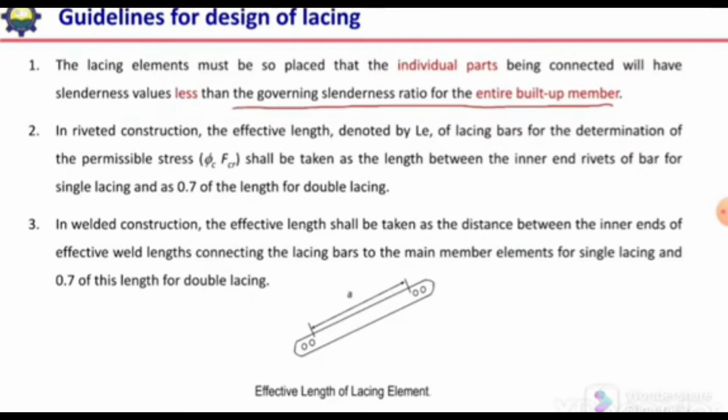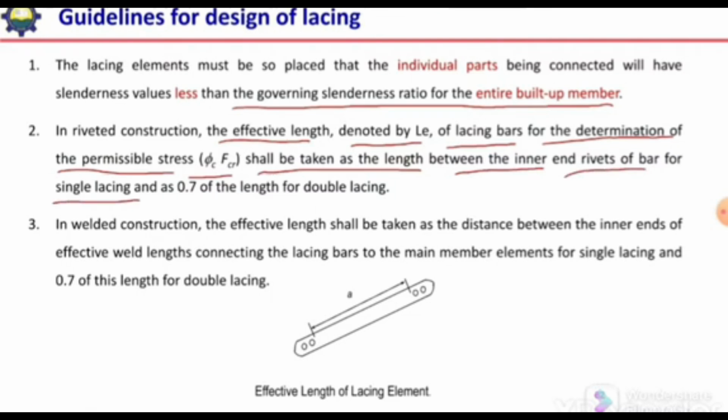Next is, in riveted construction, the effective length denoted by LE of lacing bars for the determination of the permissible stress phi c fcr shall be taken as the length between the inner end rivets of a bar for single lacing. So if we see this bar, this is the lacing element. The distance between the inner rivets is denoted by A, and the effective length LE will be equal to A to calculate the slenderness ratio and phi c fcr value.